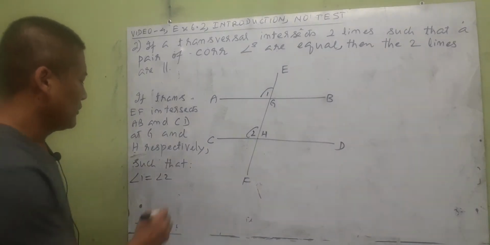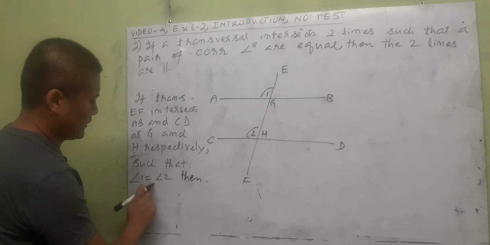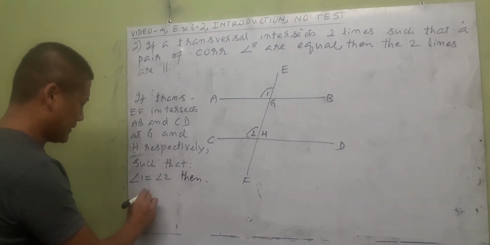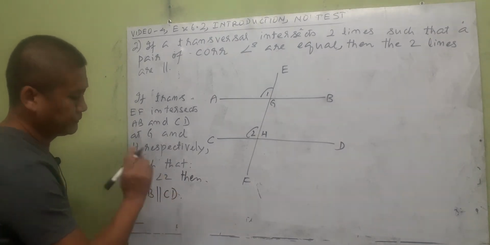Such that 1 is equal to 2, then the corresponding angles are equal, then the two lines AB will be parallel to CD.